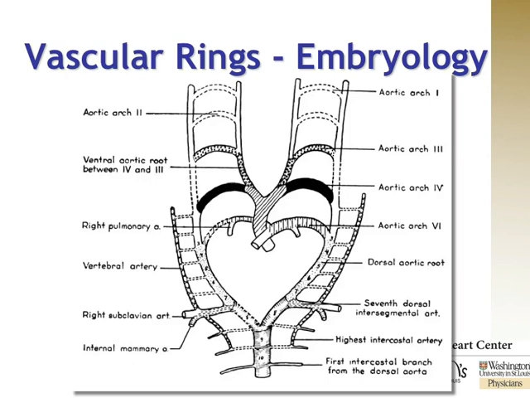So when we talk about the true vascular rings, it's important to understand the embryology of the great vessels, how they formed. And this diagram from an old text shows an early embryologic image of the aortic arches, which ultimately develop into the great vessels, the aorta, the pulmonary arteries.